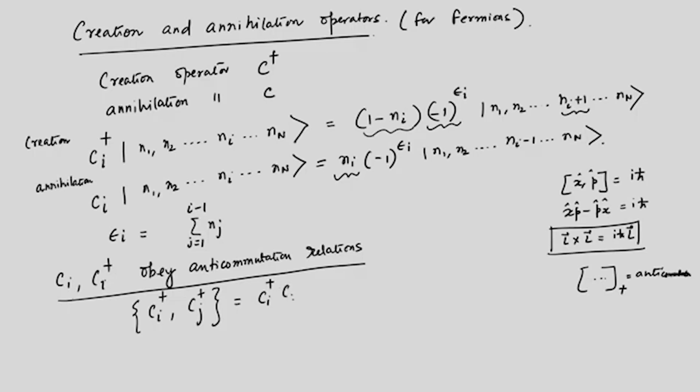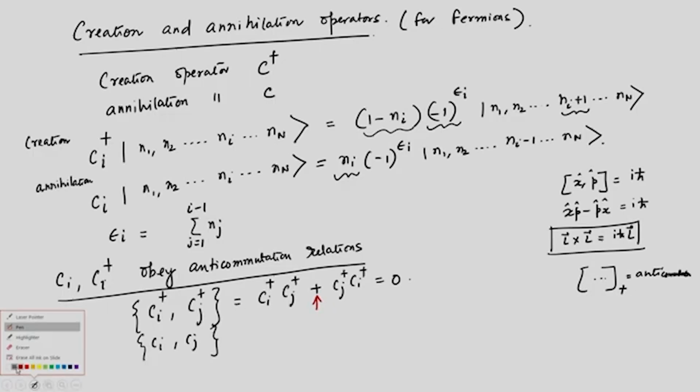So, this is equal to Ci dagger Cj dagger plus Cj dagger Ci dagger, which is equal to 0, and similarly you have the Ci Cj anti-commutation. Very importantly, you see that this plus sign is the main thing. Let me write it with a color so that you are sensitized about the main thing about the anti-commutation relation.